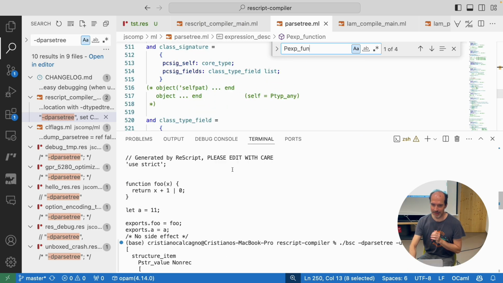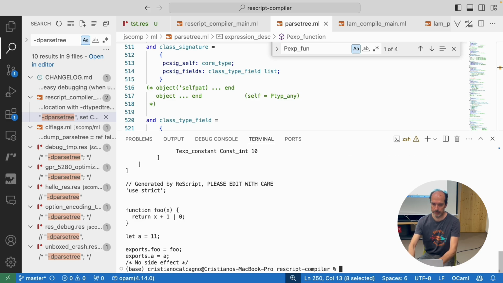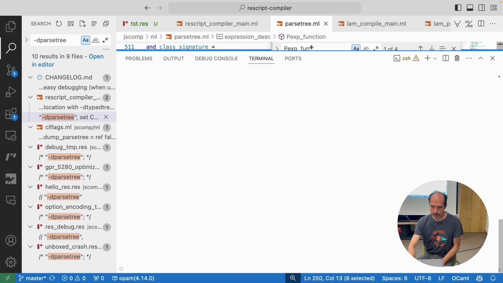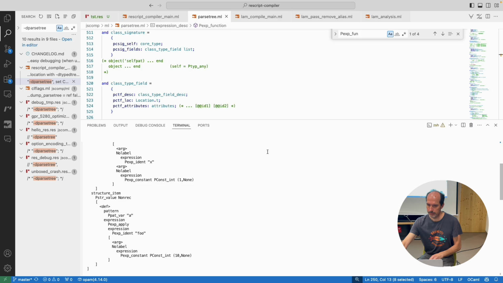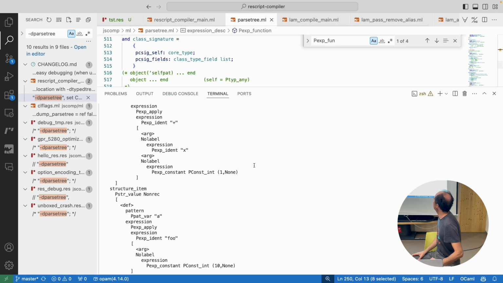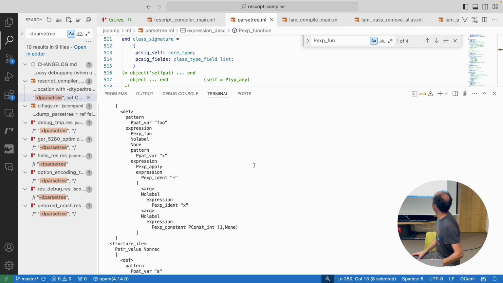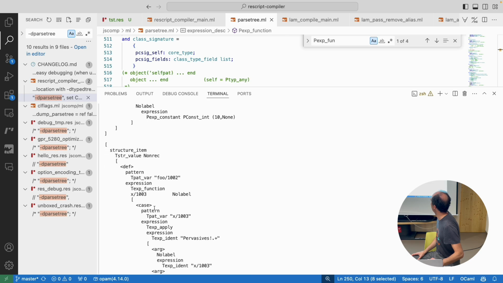So let's take a look at the typed one. Let's do this, to see what changes. So this is the untyped and followed by the typed ones.